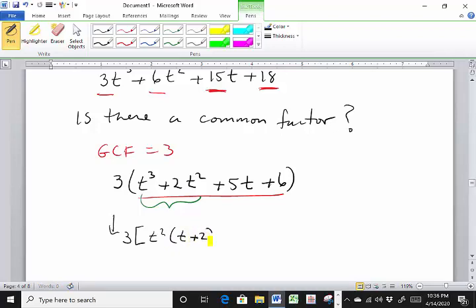Well, that's plus 2. So my clue is that there should be a t plus 2 coming out of this 5t plus 6. Well, right away that crashes because this is 5t plus 6, and there is no common factor between 5 and 6. So at this point, we are done.